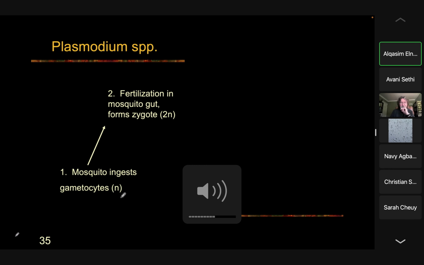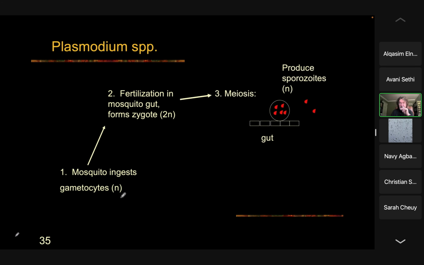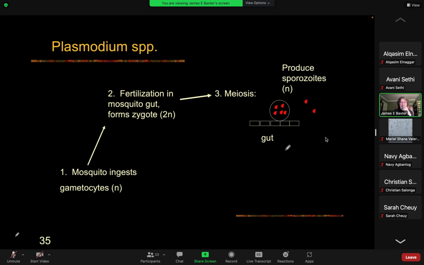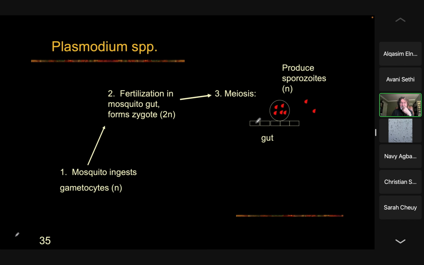Okay, so we form a zygote, and I'm leaving out another stage here. But this is the gut lumen, and it has epithelial cells there that are one cell layer thick. And then out here you have hemolymph. These zygotes, usually the zygote itself, will crawl between the cells, form a blister on the hemolymph side, that is on the body side of the gut, and undergo meiosis, and then many rounds of mitosis afterwards.